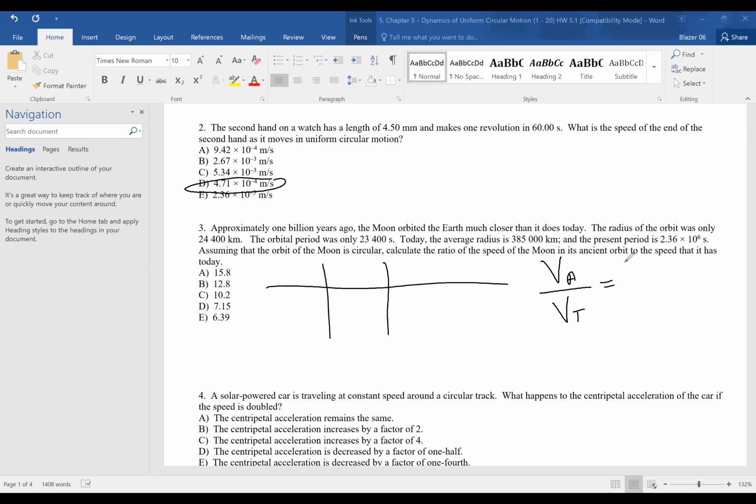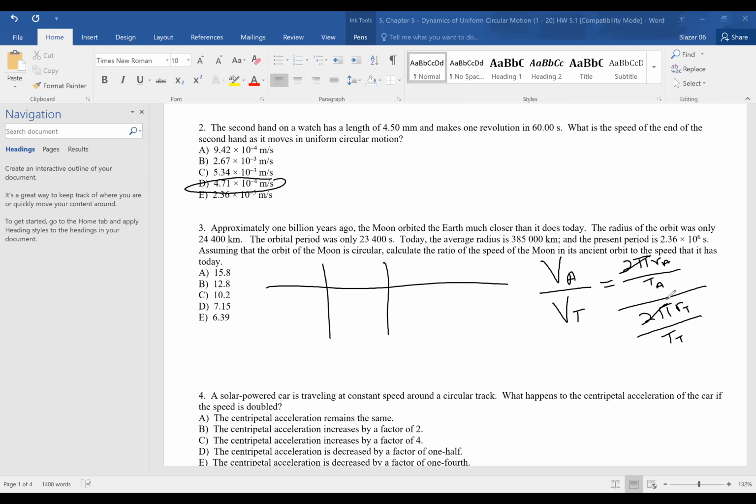That means we need 2 pi r at ancient times divided by the period at ancient times, and that's divided by 2 pi radius today divided by the period today. But you notice very quickly that 2 pi and 2 pi cancel.